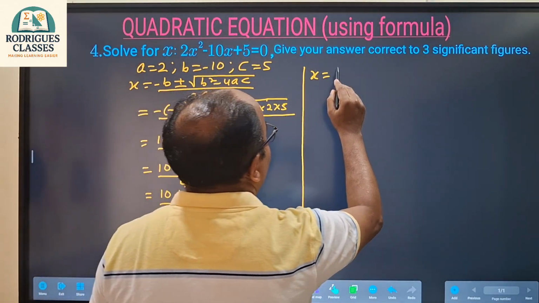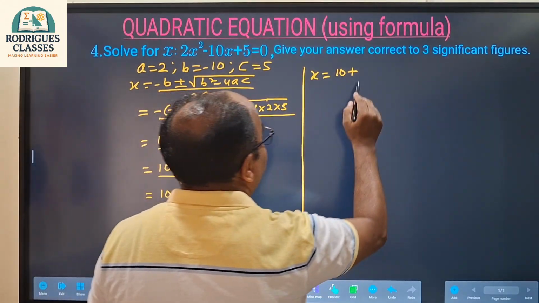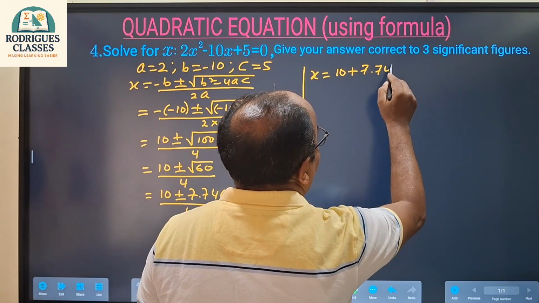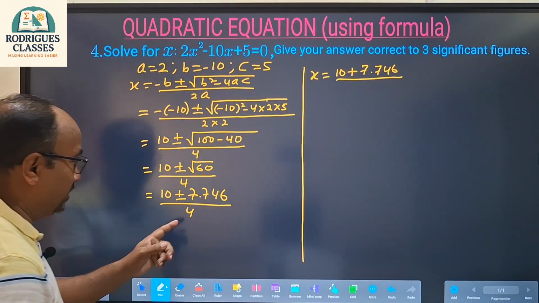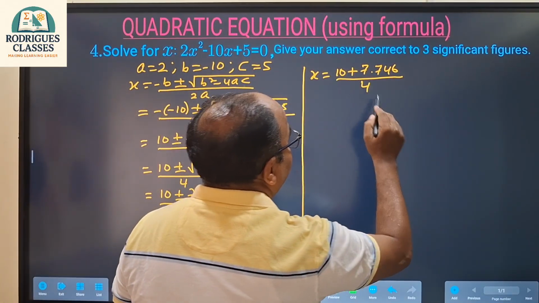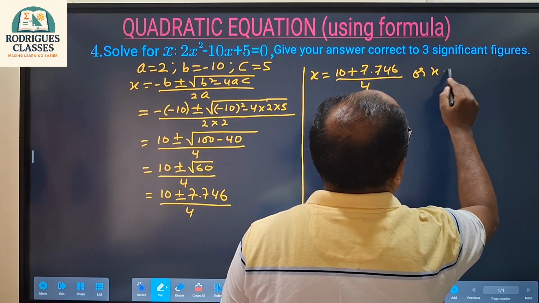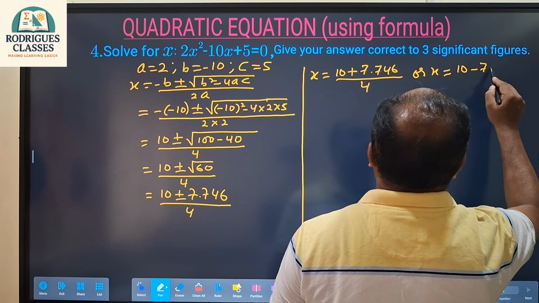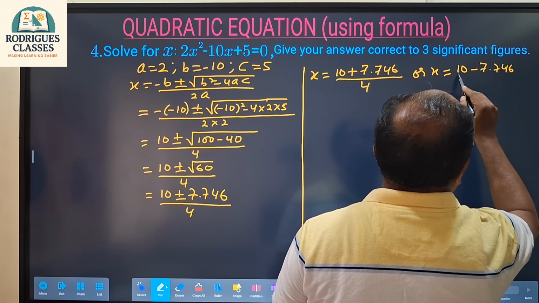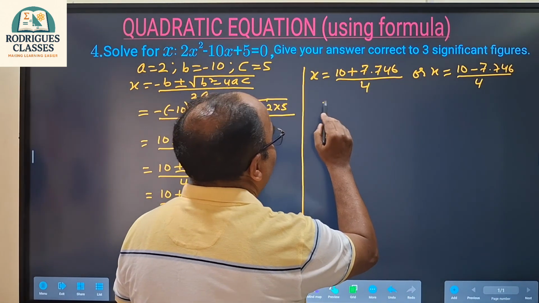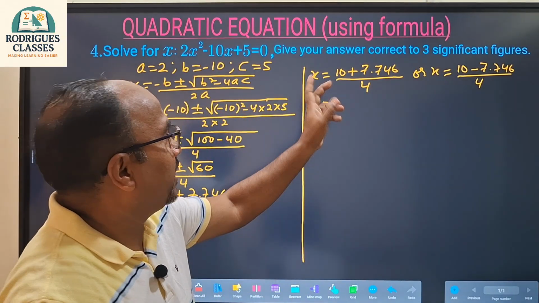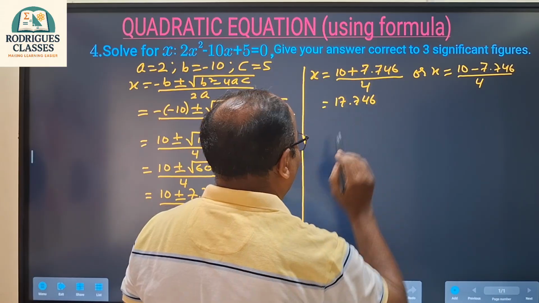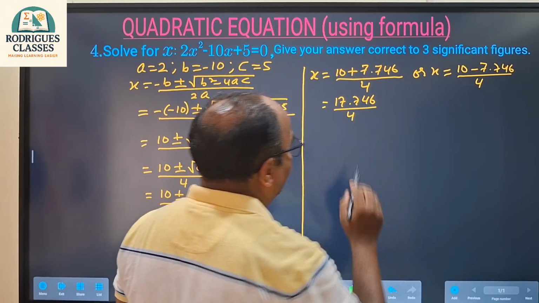So x is equal to 10 plus 7.746 divided by the denominator 4, and then writing with the minus sign, 10 minus 7.746 divided by 4. This is addition. So 10 and 7 before the decimal will get added to give you this divided by 4.